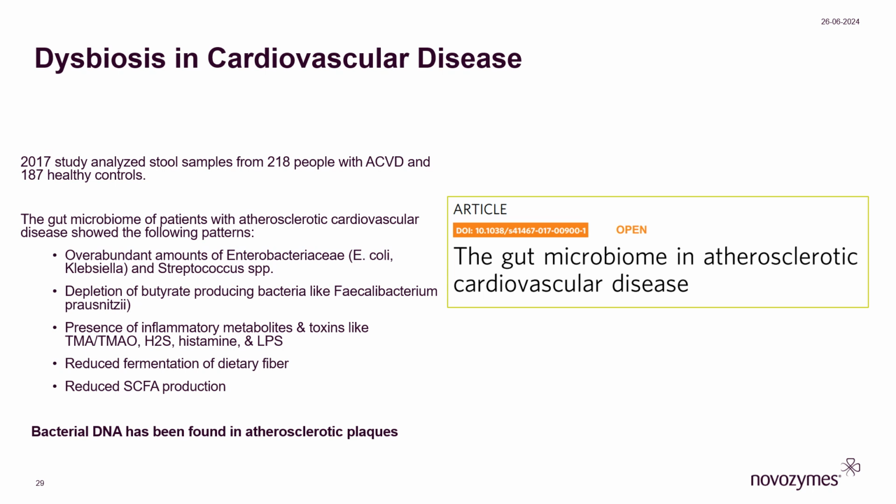We also noticed that bacterial DNA had been found in the atherosclerotic plaques, which highlights the affinity that lipopolysaccharide has not just for the amyloid beta plaques in the Alzheimer's brain, but also the atherosclerotic plaques in our vasculature that plays a significant role in the development of cardiovascular disease.